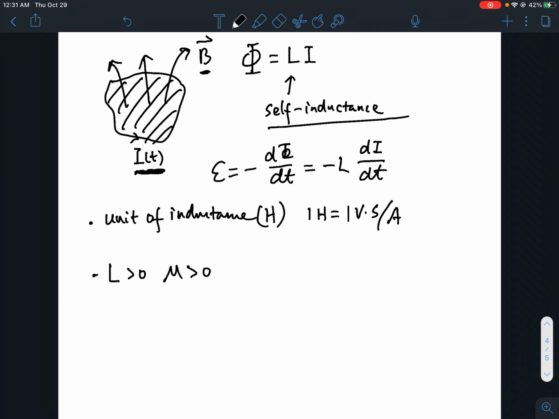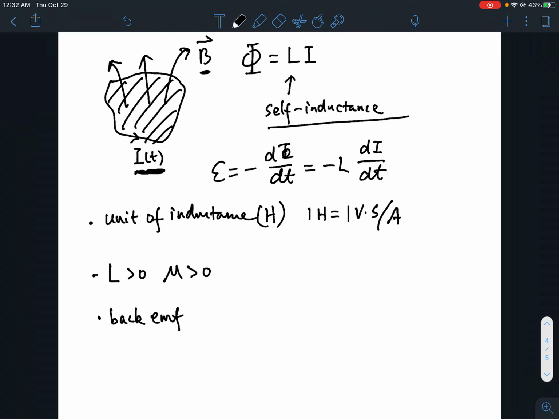So in some sense, some people use this word called back EMF. The EMF induced always opposes the change in current. That is why we sometimes also call it a back electromotive force.